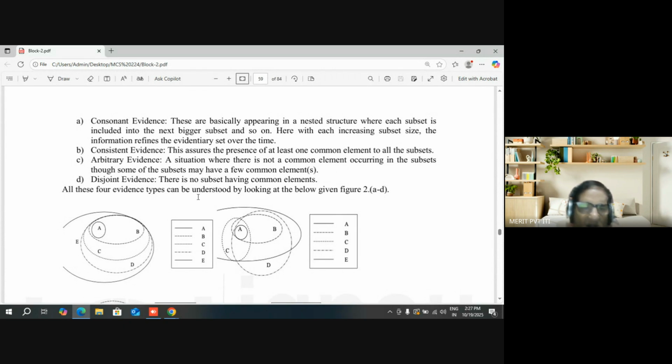All these 4 types can be understood by looking at figure 2, A to D. This is A, this is B, this is C, this is D. These are the figures. This is arbitrary evidence, consistent evidence here, and disjoint evidence here.